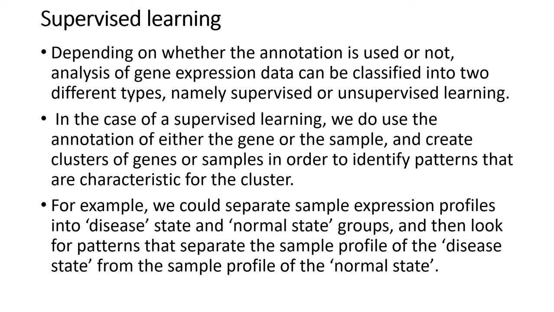On the basis of that we can also identify the patterns that are similar in that sample, and that may be the characteristics for the cluster or for the group of genes. The important thing is that we have the predefined information.